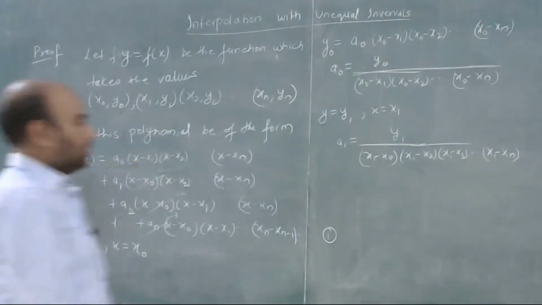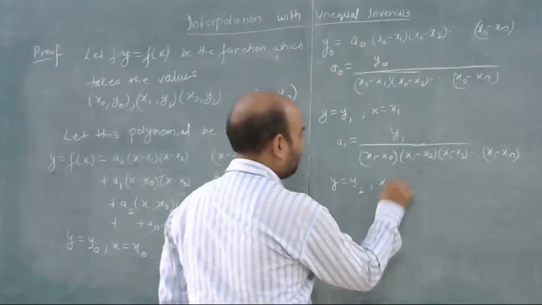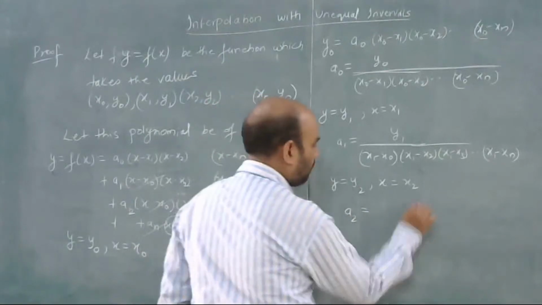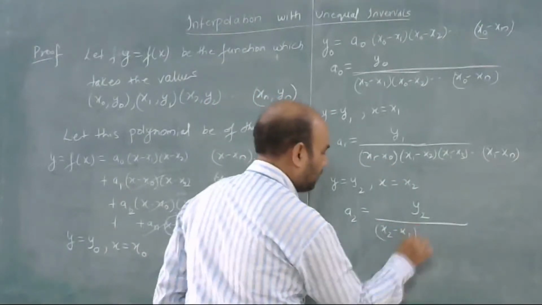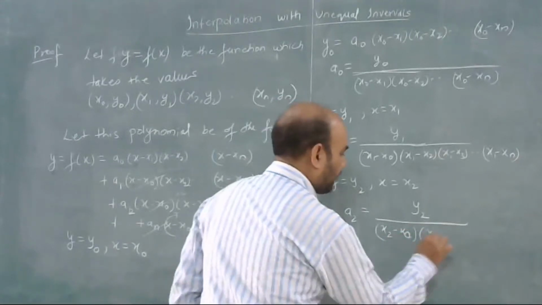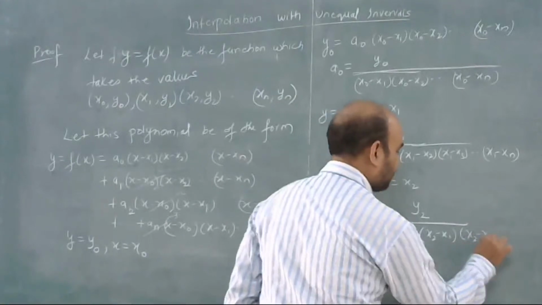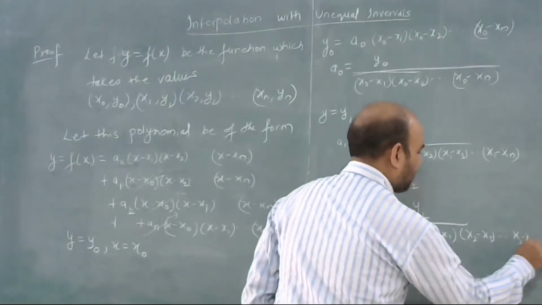Okay. And again, by substituting y is equal to y2 and x is equal to x2, you can find a2 will be equal to y2 divided by (x2 minus x0)(x2 minus x1)(x2 minus x3), that is up to (x2 minus xn).